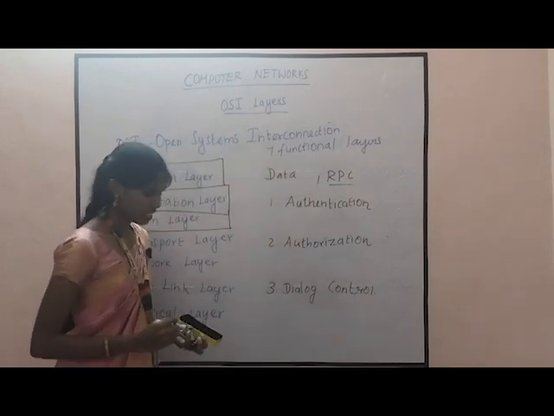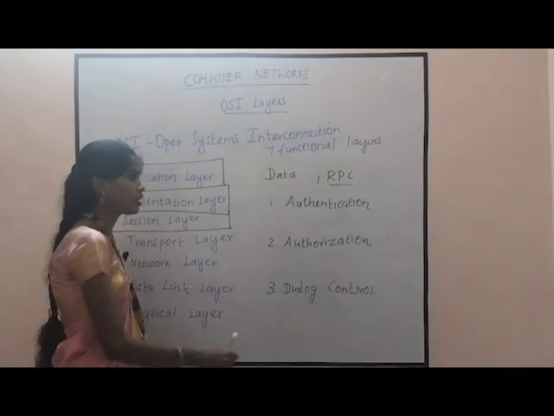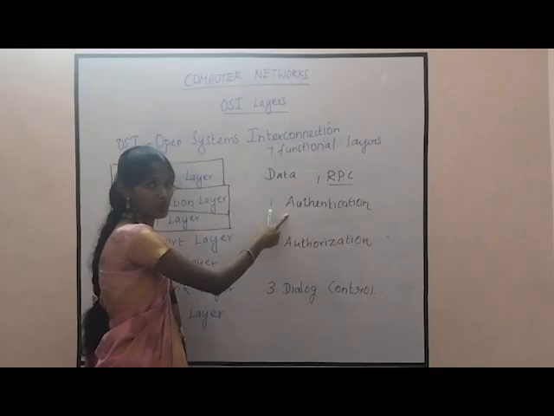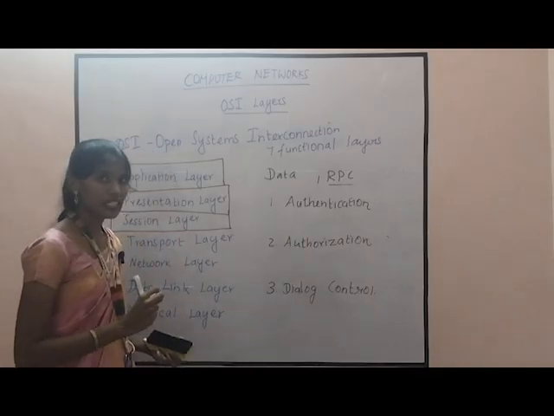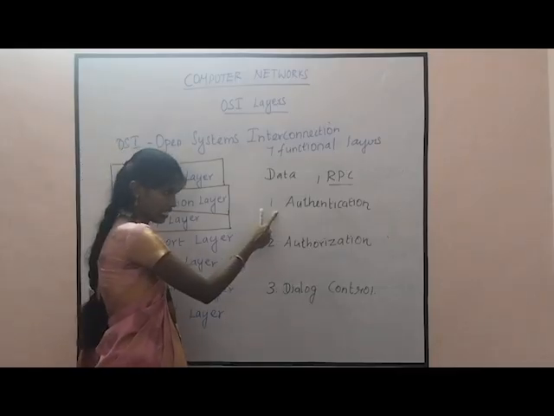Third one is dialogue control. Authentication, in the sense, the normal meaning: it will allow only the people who are intended to be here. It will check who you are, that is, who the sender is, from whom the data is received. That check is done here.